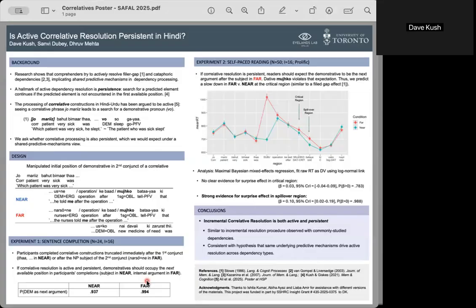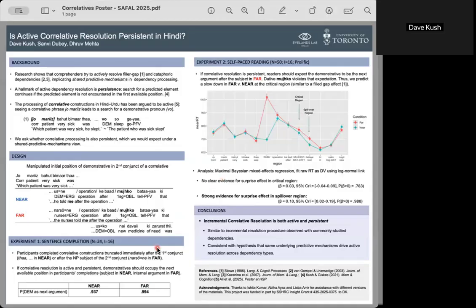So that gives us some confirmation that there is a strong drive to discharge the correlative expectation for a demonstrative as quickly as possible.